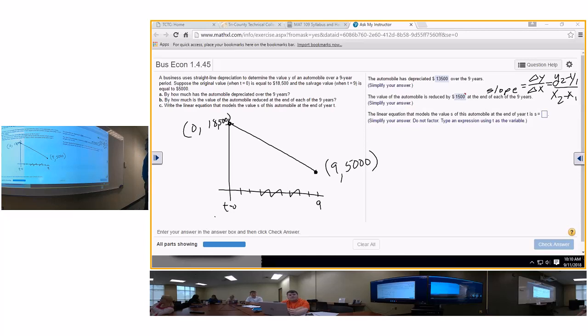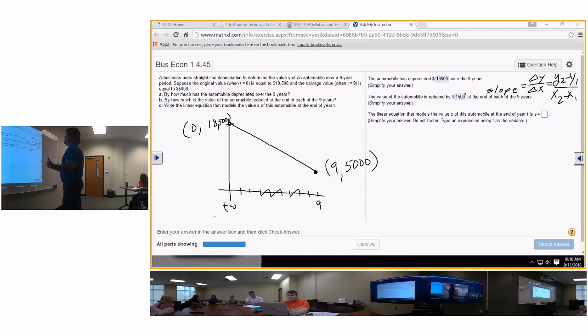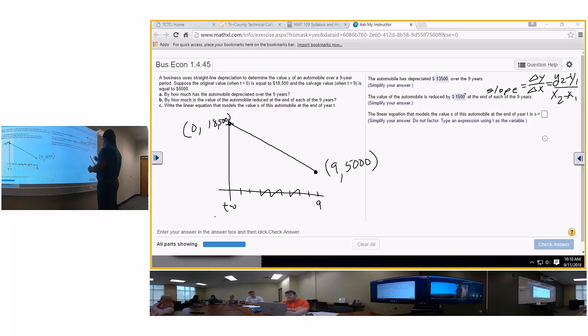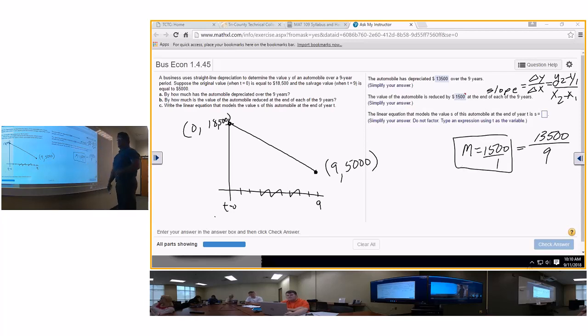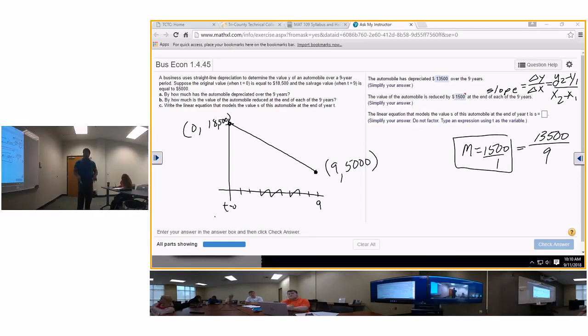Okay, so y sub 2 minus y sub 1, you already did that. That's 13.5 divided by 5,000 minus 0, 9 minus 0 is 9. So the slope is equal to 1,500 over 1. It would have been a whole lot easier if they just put slope in parentheses at the end of that question.